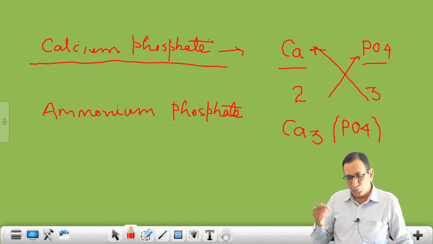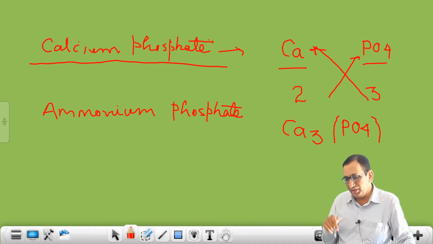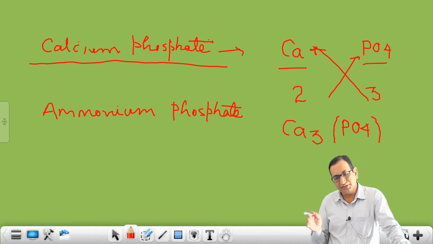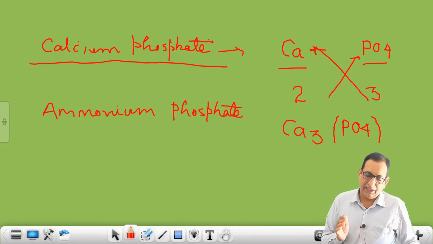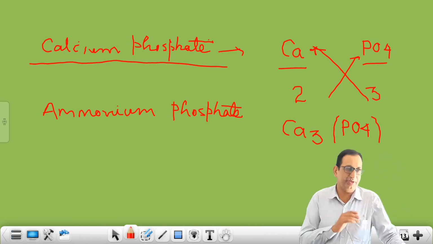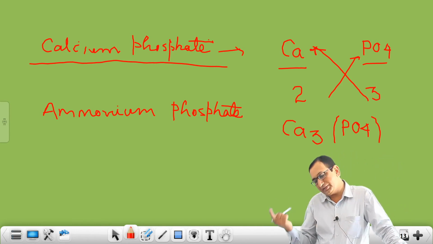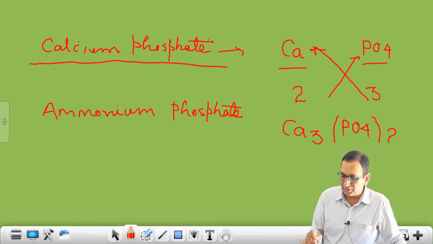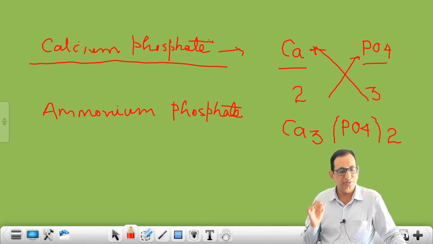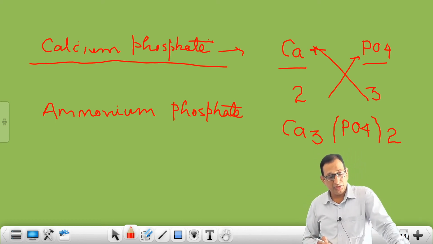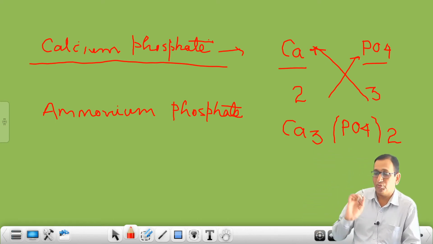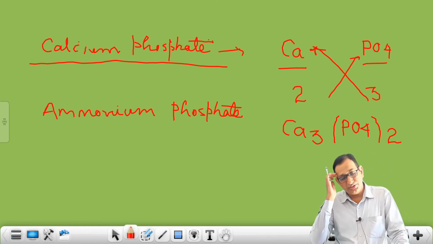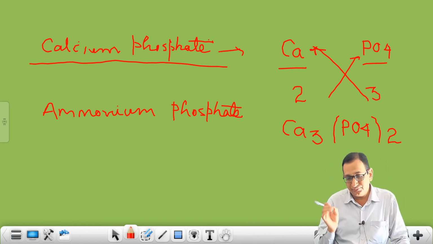So if there is more than one element, meaning it is in compound form, that compound will come in a bracket followed by that valency. So here the 2 will come in this way, students. So Ca3 (PO4) whole twice. This is the formula for calcium phosphate.